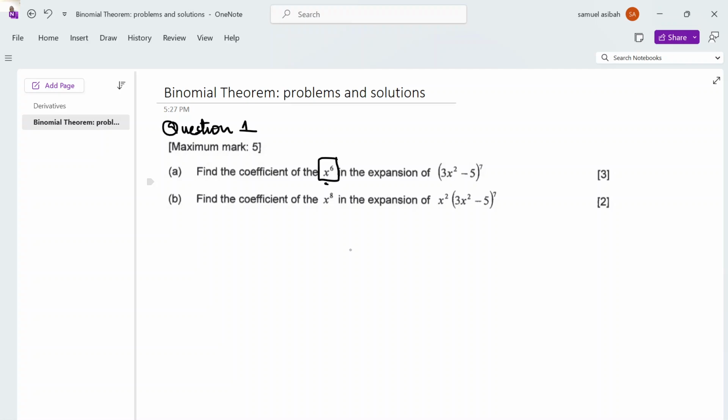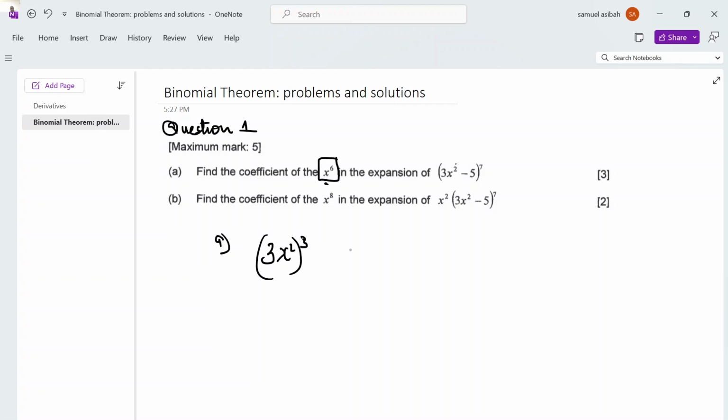So if x is raised to 2 and we do not have x on this other side, then you ask yourself, how many times are we going to multiply the power 2 for us to get power 6? So you find that we are just going to multiply 3x squared 3 times, power 3, so that you get power 6.